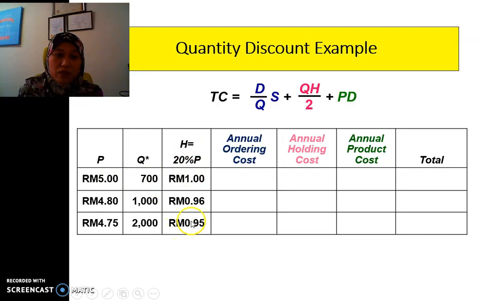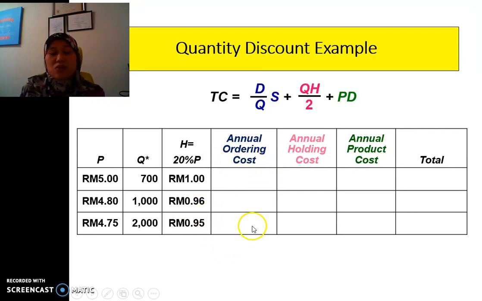So I add another column here so that I won't get confused about the H value. For the first H, for the 5 ringgit, we have 1 ringgit, 20% of 5. And then for the 4 ringgit 80 cent, 20% of this, we get 96 cent. And then for 20% of 4 ringgit 75, we have 95 cent.